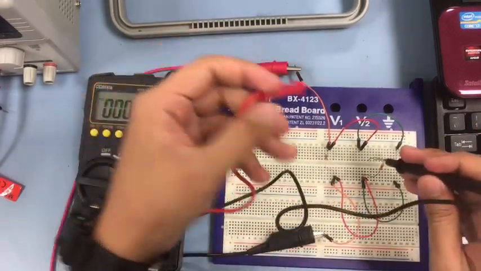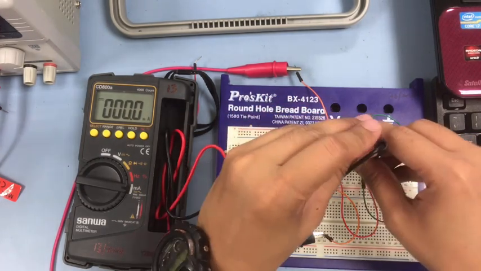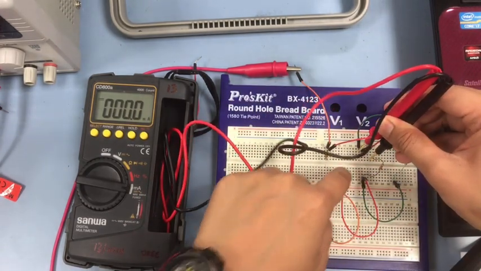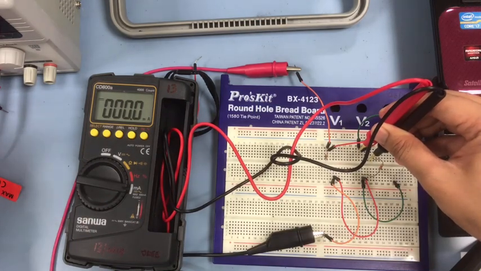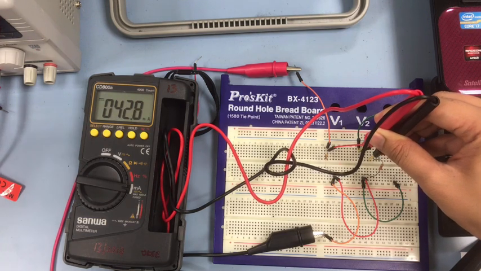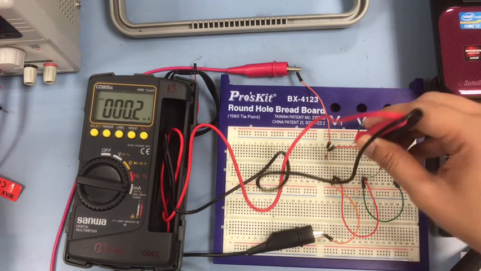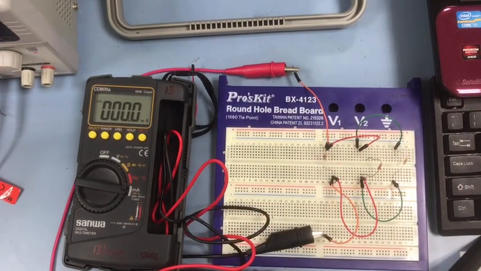Put emitter. Okay, you can see the point here between. So we supply voltage. So you can see the reading over there is 43.1, 43.2, 43.2.